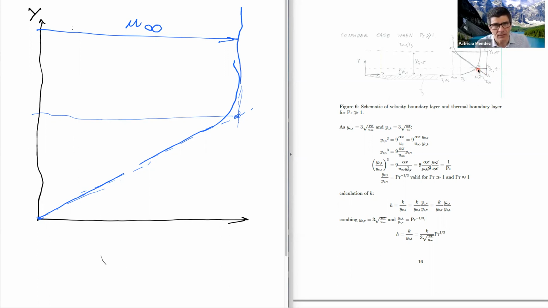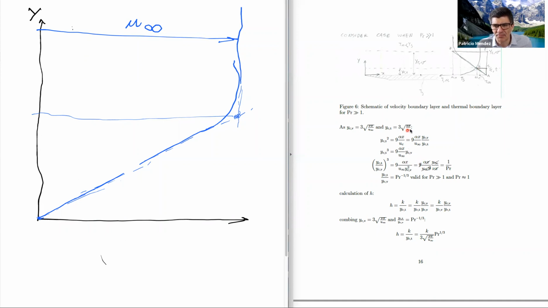Because thermally, the heat transfer only sees small velocities, because all the heat transfer is completed at low velocities, and velocities keep increasing and increasing because of the high viscosity of oils, for example. But for the heat transfer, it all happens narrowly.